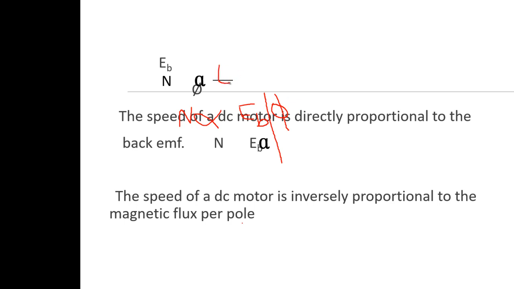Sorry, I have not noticed, it is divided by phi. Yes, because EB is equals to phi Z N P by 60A. So from that equation, if we take N out, N is directly proportional to EB but inversely proportional to phi. So from this equation, the speed of any DC motor is directly proportional to the back EMF, and the speed of a DC motor is inversely proportional to the flux per pole. Okay.